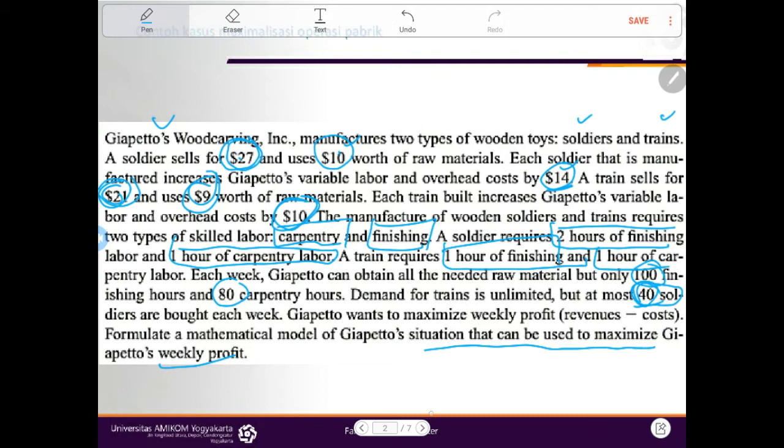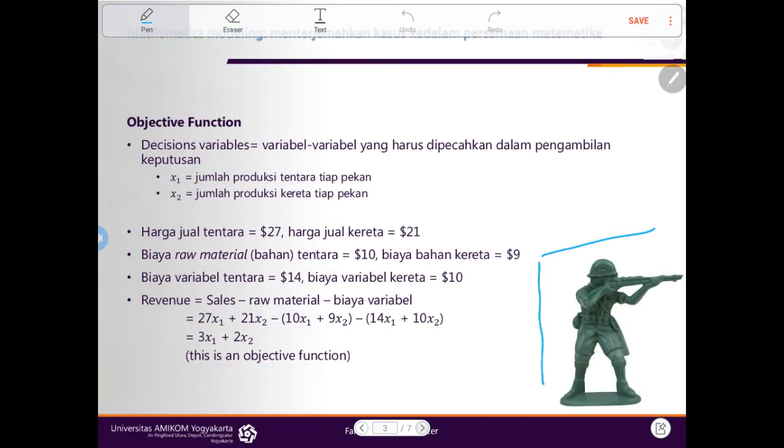Okay, we will discuss this problem. We have the objective function. We will talk about the objective function. We use decision variables that we must decide.